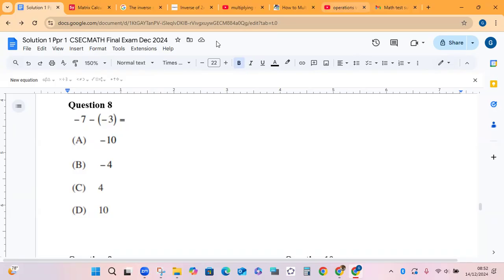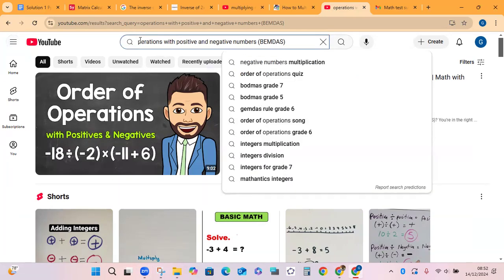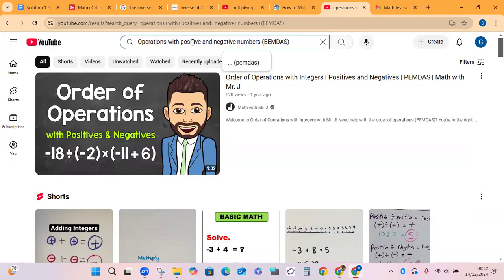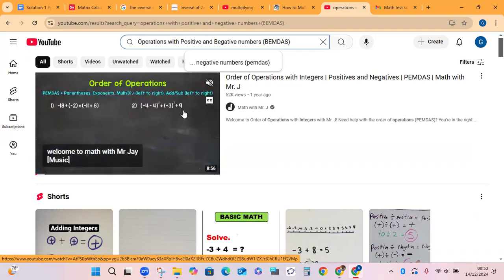You can type this in YouTube so that you can get more examples, operations with positive and negative numbers or negative and positive numbers. It does not matter. And the order of mathematical operations, PEMDAS, but I see they have their PEMDAS because in America, they do not call these brackets, they call it parentheses.